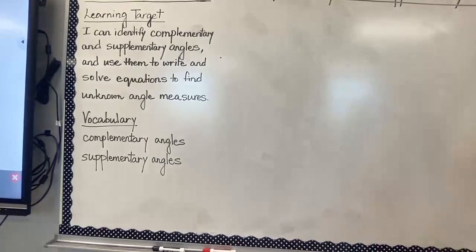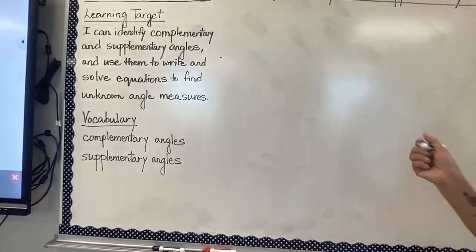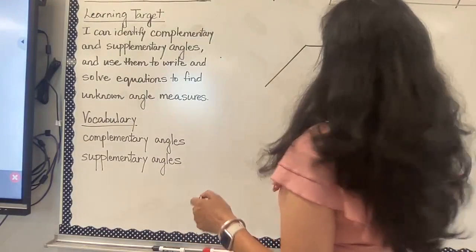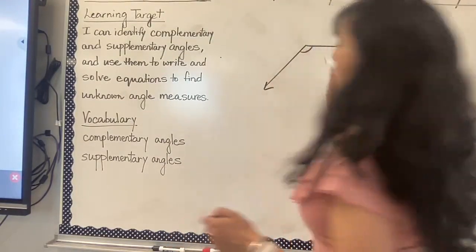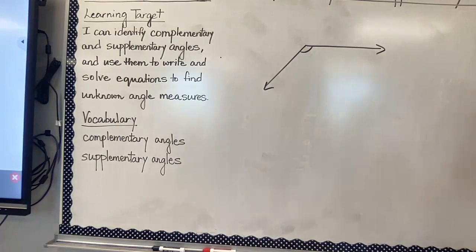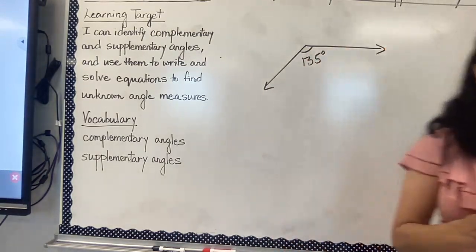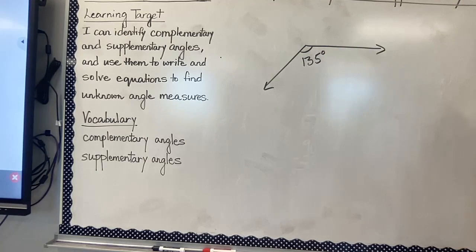Now, let's say I give you the measure of an angle, which looks like this. All right. And this is 135 degrees. And then it's asking, what is the measure of the angle that is supplementary to the given angle?